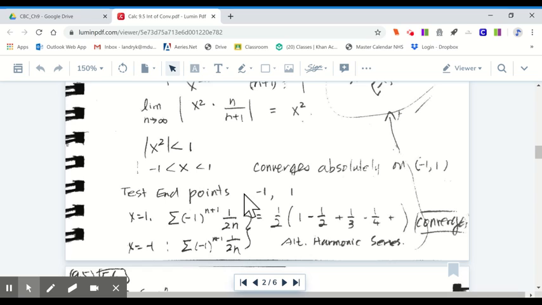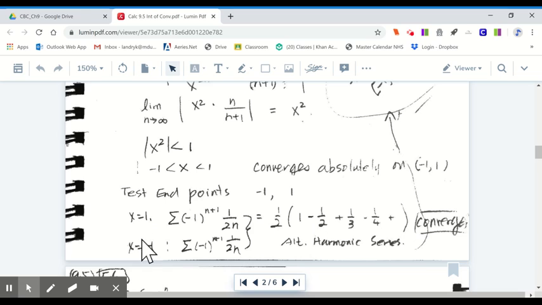If you plug in x equals 1, basically this is the series that you get, which is an alternating harmonic series times 1/2, which converges conditionally.